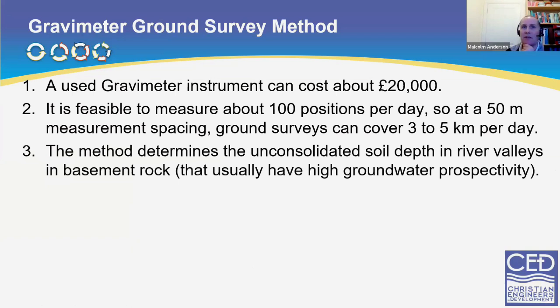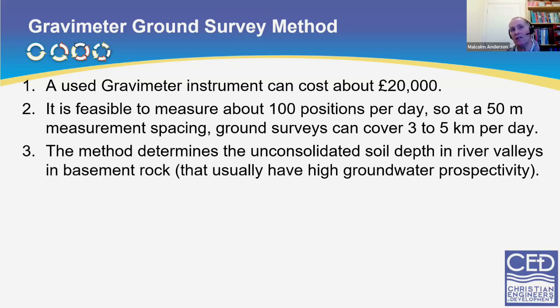As I mentioned earlier, the method determines the unconsolidated soil depth in river valleys in basement rocks, which usually have a high groundwater prospectivity, and that's the main value of this instrument. When you look at a river valley and it's got sands and gravels in it, those sands and gravels may only be 5 meters deep, in which case the best you're going to do is have some kind of well in that system, which is 2 or 3 meters deep.